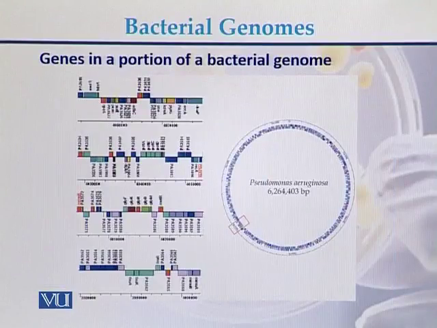This is a pictorial view of one bacterial genome. Here we can see a small portion of the genome of Pseudomonas. This is the circular DNA, the genome of Pseudomonas, and this is a small portion of the genome.